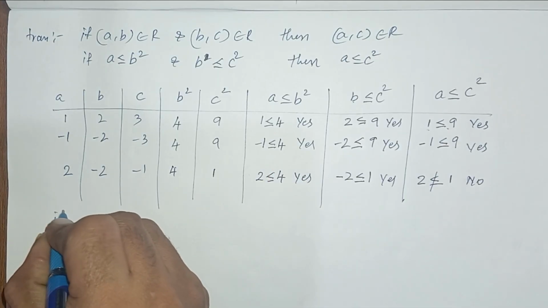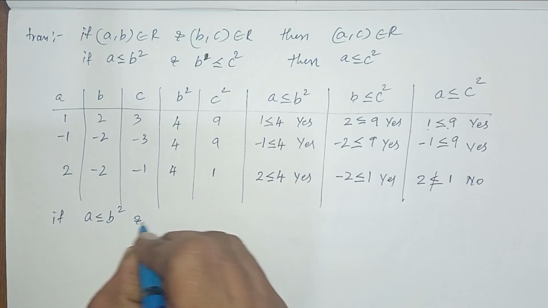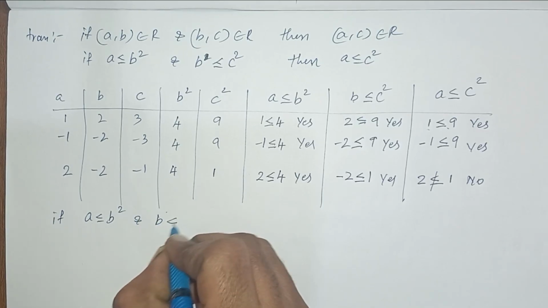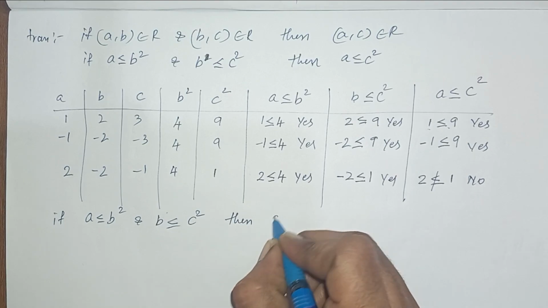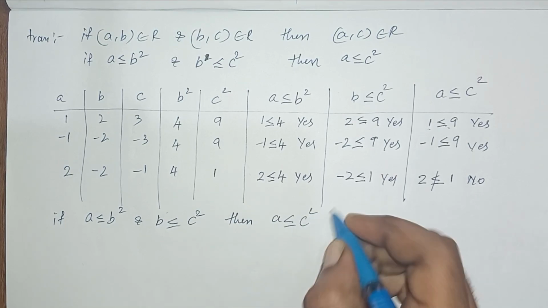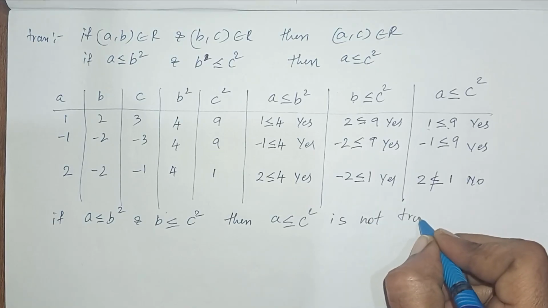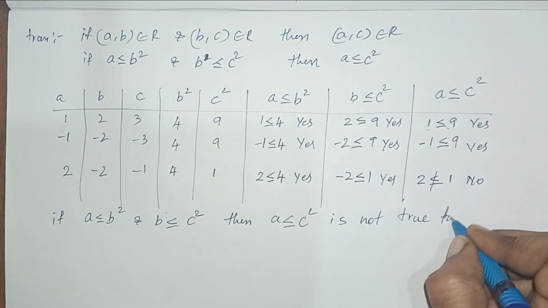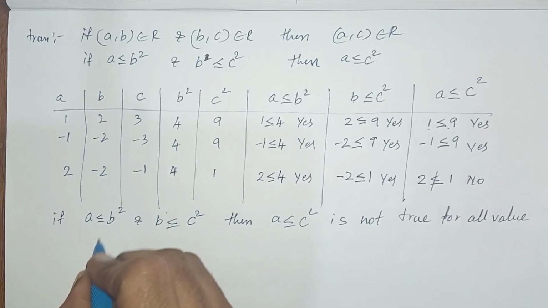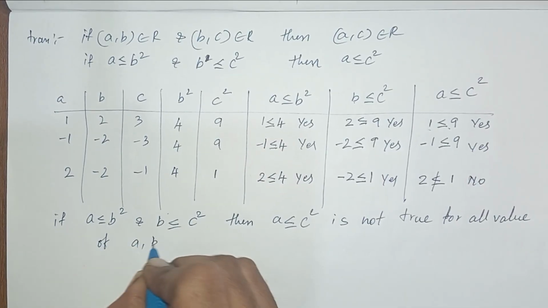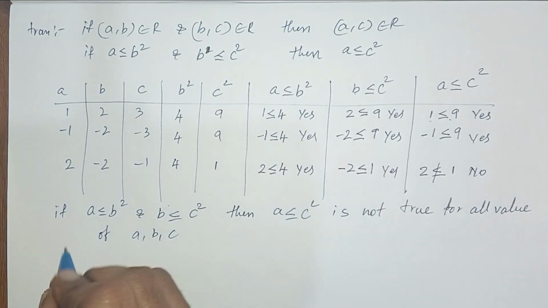So if a is less than or equal to b square and b is less than or equal to c square, then a is less than or equal to c square is not true for all the values of a comma b comma c.